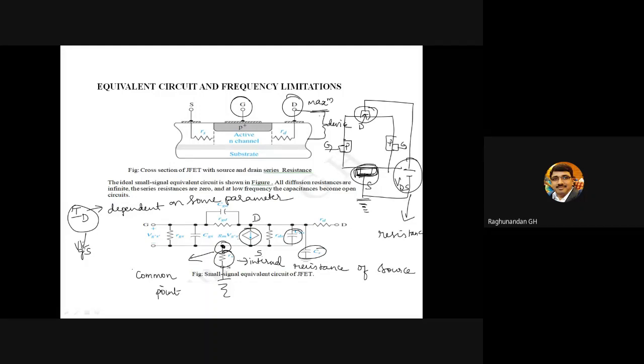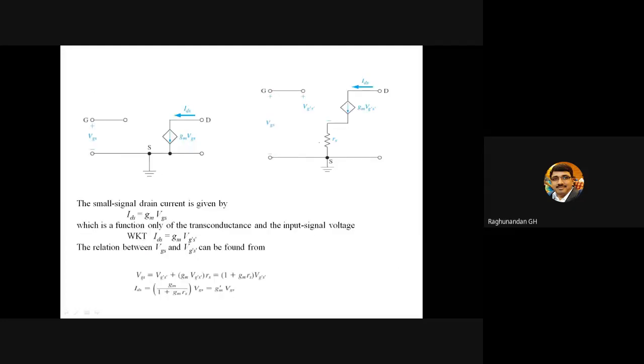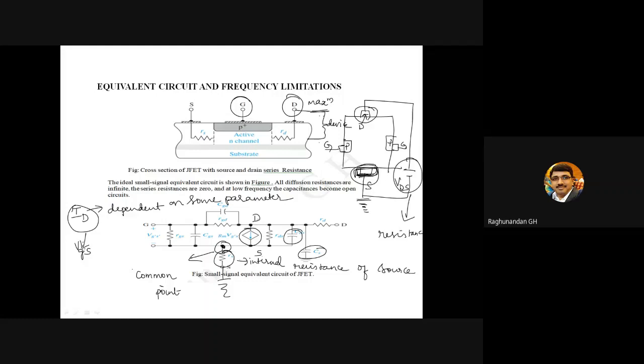Okay, so this is how we are going to write the structure. This equivalent circuit that we have obtained considers the practical case, and it is for small signal, meaning it is applicable for a smaller frequency signal.